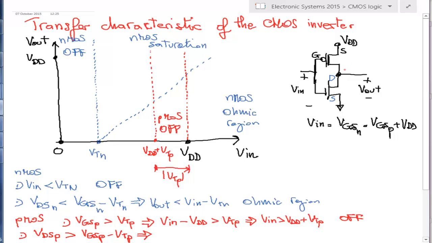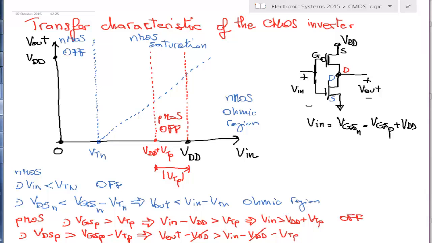So VDS-P is this distance, is V out minus VDD. V out minus VDD is larger than VGS-P, which is V in minus VDD minus VTP. So at this point we can cancel out VDD on both sides, and then we have V out larger than V in minus VTP.